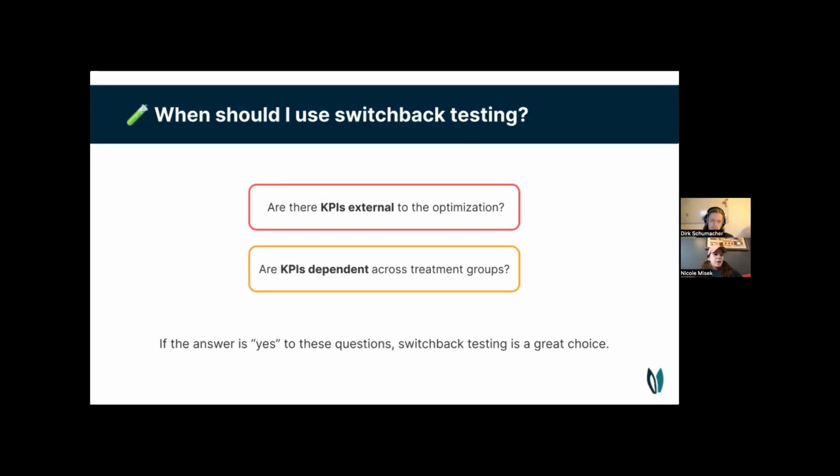A common question that we get asked at NextMove is when you should use switchback testing. Starting out, you can ask yourself, are your KPIs external to the optimization? If the answer is no, then you would be perfectly fine to run a shadow test because you can get all of your KPIs directly from your optimization output files. You don't need to actually make operational decisions to understand the impact on your KPIs.